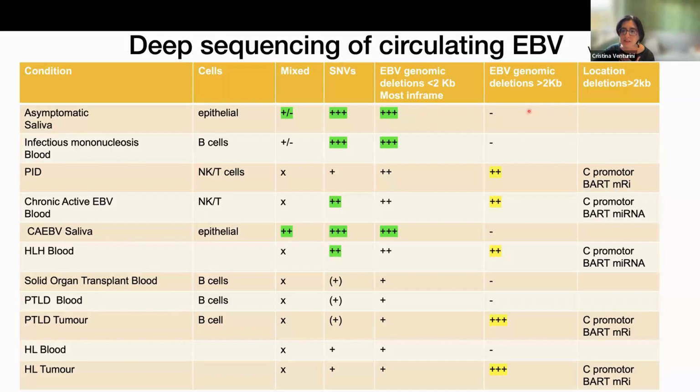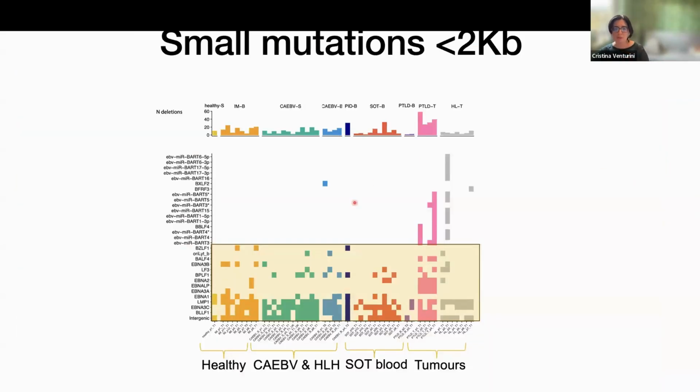But the bigger deletions are only present in samples from patients with immunodeficiency and chronic active EBV, and also in tumor samples. And these are mostly found in two specific areas of the genome, the C promoter and the BART microRNA.